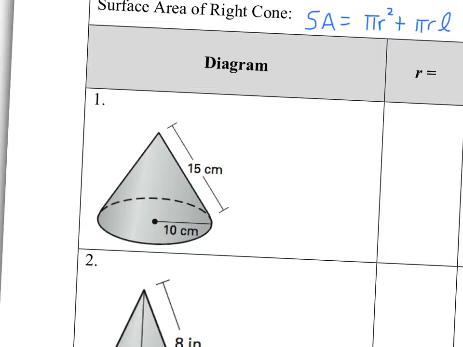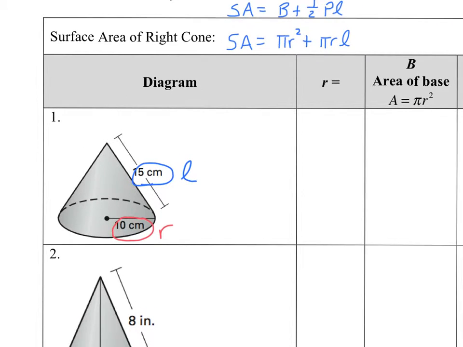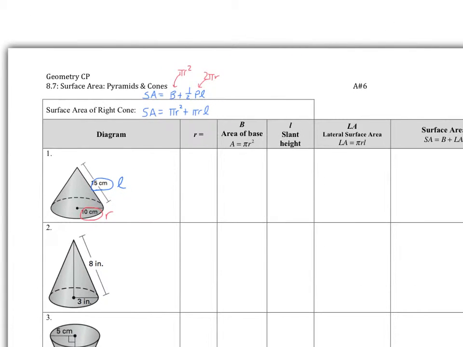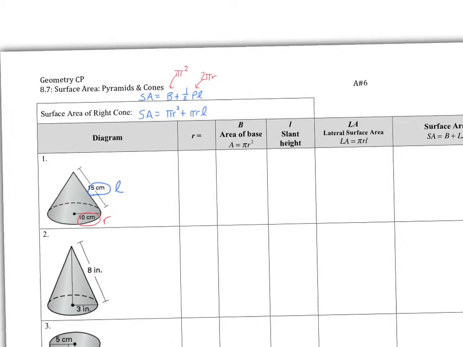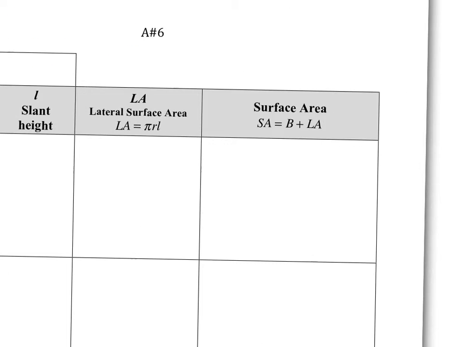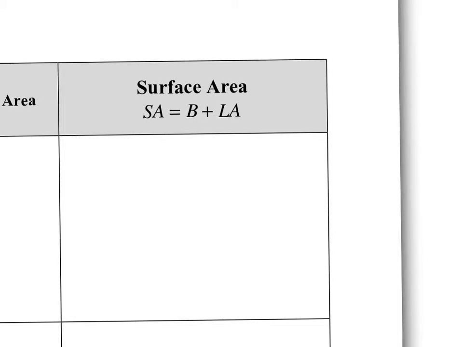This one's straightforward. Everything's given to me. Here is my radius, and here's my slant height. Remember, all this part right here is sort of a mental exercise, and I'm going to cancel some of this concept out because it's much faster if we just use this one formula.